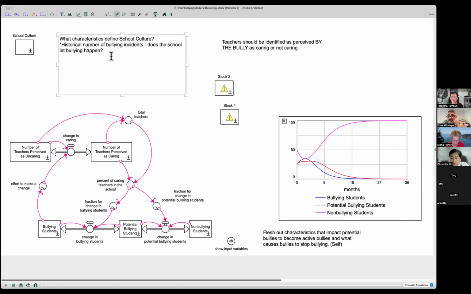Yes, I think it will be very helpful because it can explain the speed of change. If you have a very high rate, or a very long history of bullying incidents, it can be a part of the culture to do the bullying. So you have to change it.